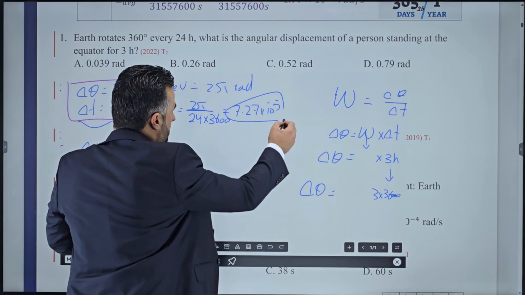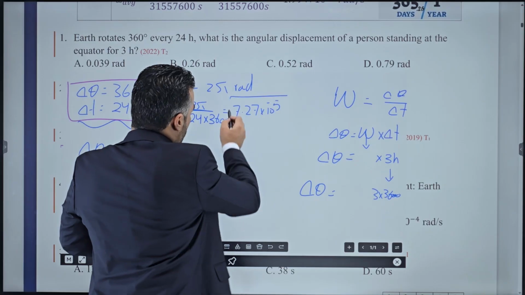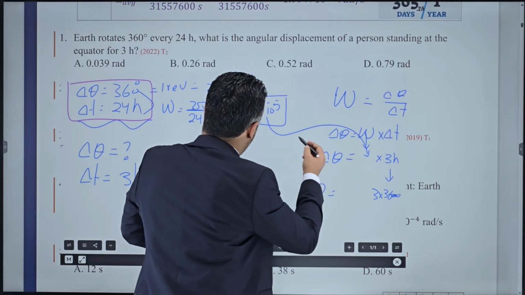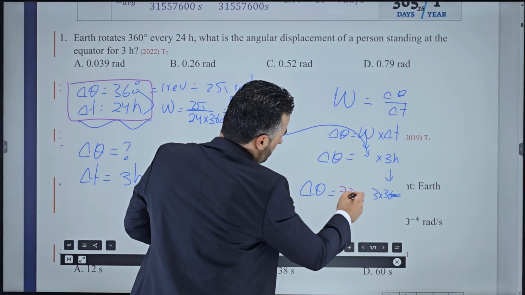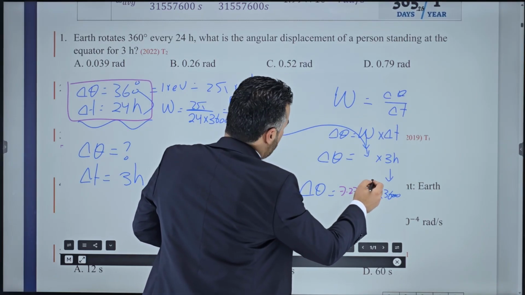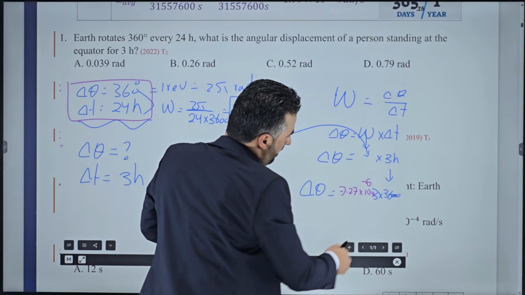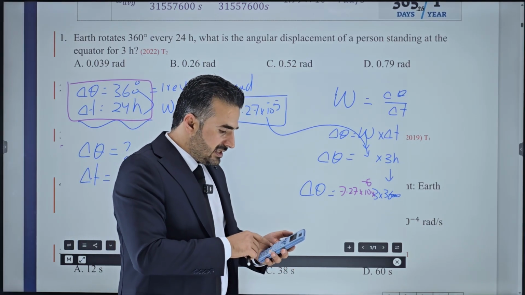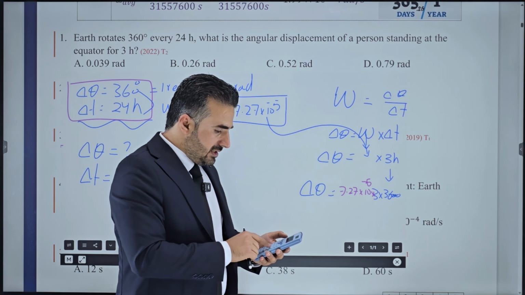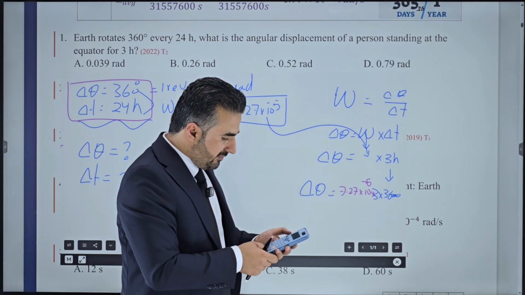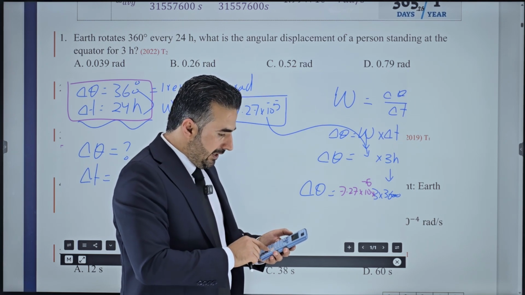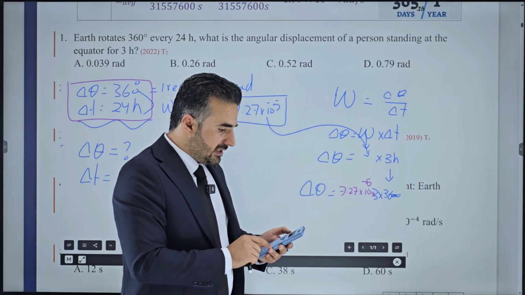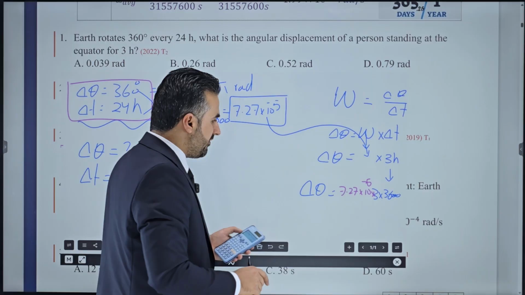Now all you have to do is bring this number into this part of the question here. So once you do that, we can just write it here: 7.27 times 10 to the power negative 5, and then multiply by this much. So once you do this, of course, you'll find the angle. So let's just do that. 7.27 times 10 to the power negative 5 multiplied by 3 times 3,600 seconds, the answer that you're going to get is 0.785.